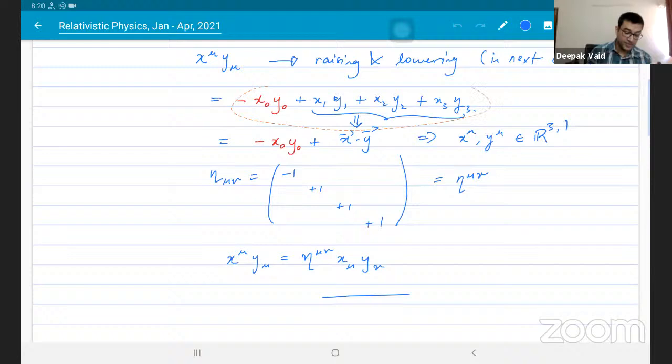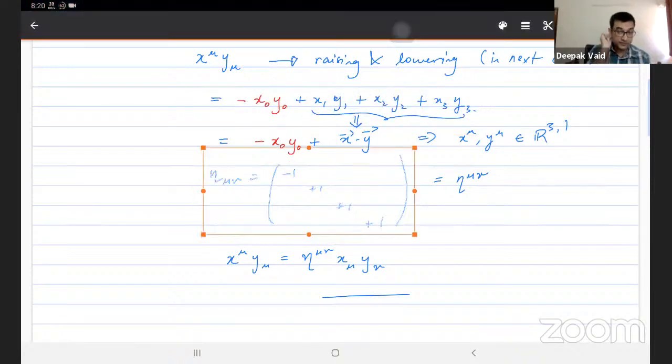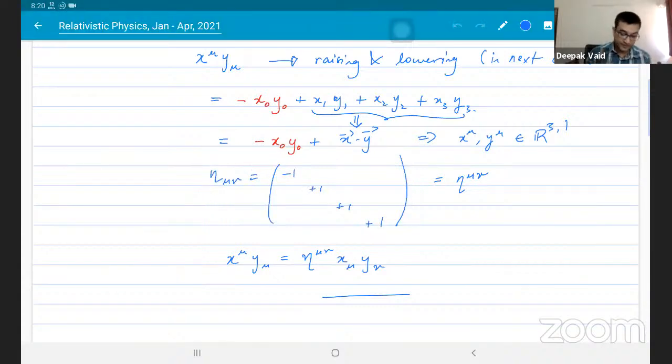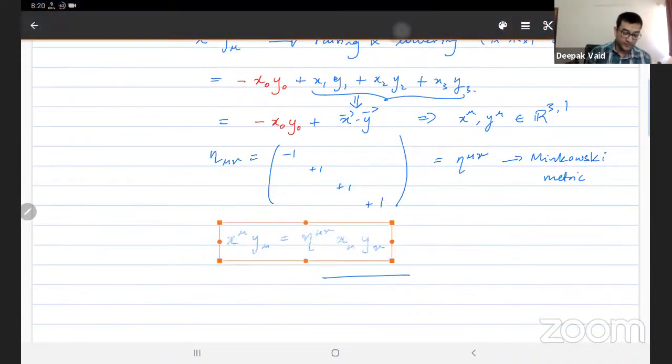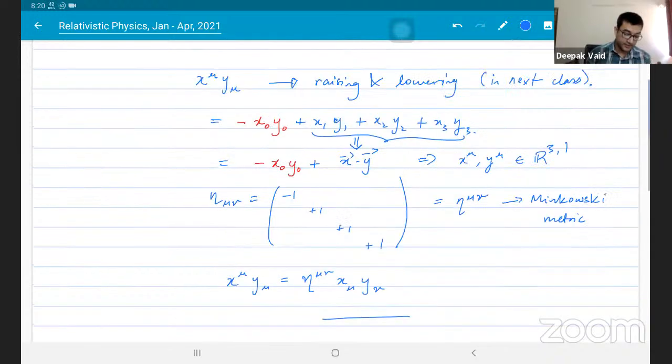So this expression you can easily check can be written in terms of this matrix eta mu nu. This eta mu nu is called the Minkowski metric. Right? So the dot product between any two four vectors is written in this way.